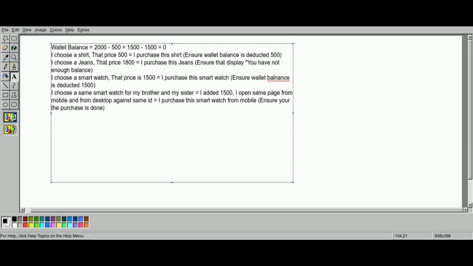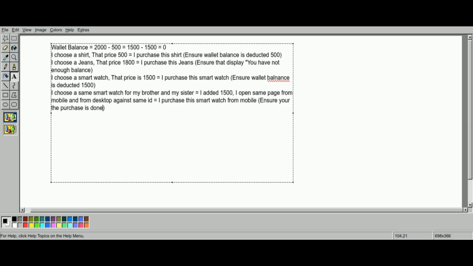Already I have one smartwatch for me, and I want to purchase two smartwatches for my brother and sister, and I added 1500 and I open the same page from mobile and from desktop.